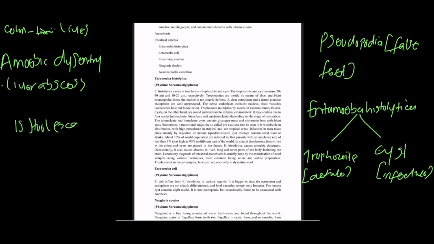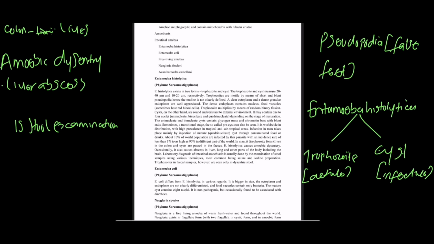Based on our classification of parasites by pathogenicity, we spoke about pathogenic, non-pathogenic, and opportunistic parasites. The Entamoeba coli is a non-pathogenic parasite, that is, it does not cause infection, and it is mostly larger than E. histolytica.